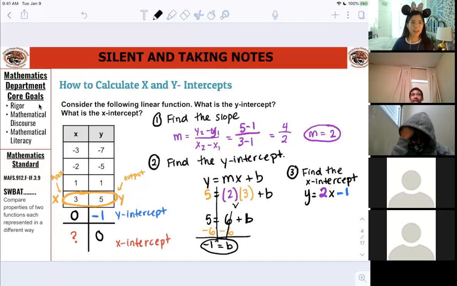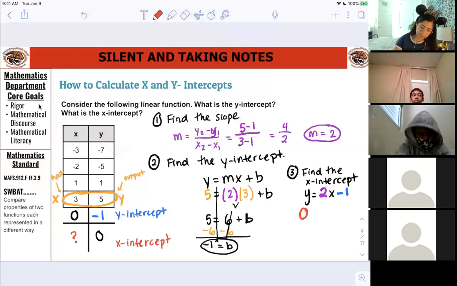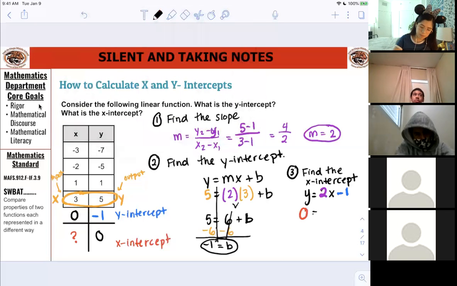Good. Wenchley said it. Daniela said it. JC, nice job, guys. Yeah, we're going to set it equal to 0. Remember, anytime you need to find the x-intercept, you make that equation equal to 0.